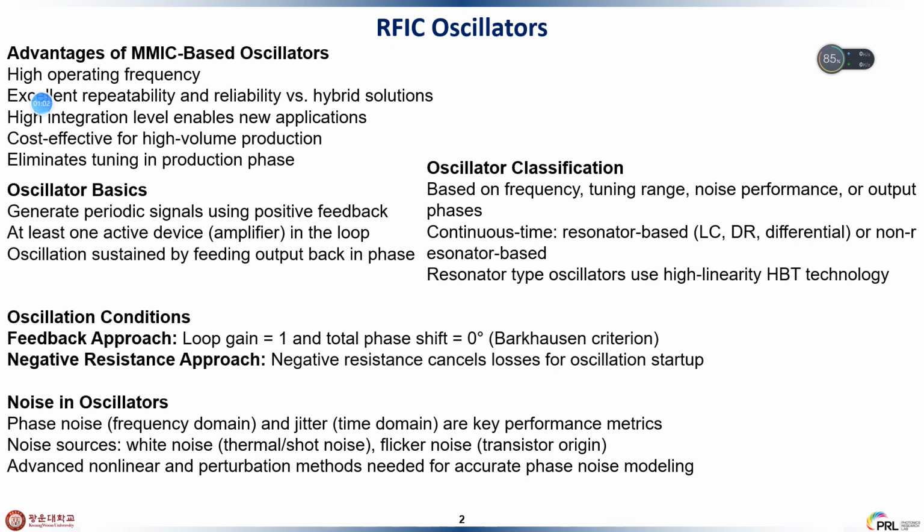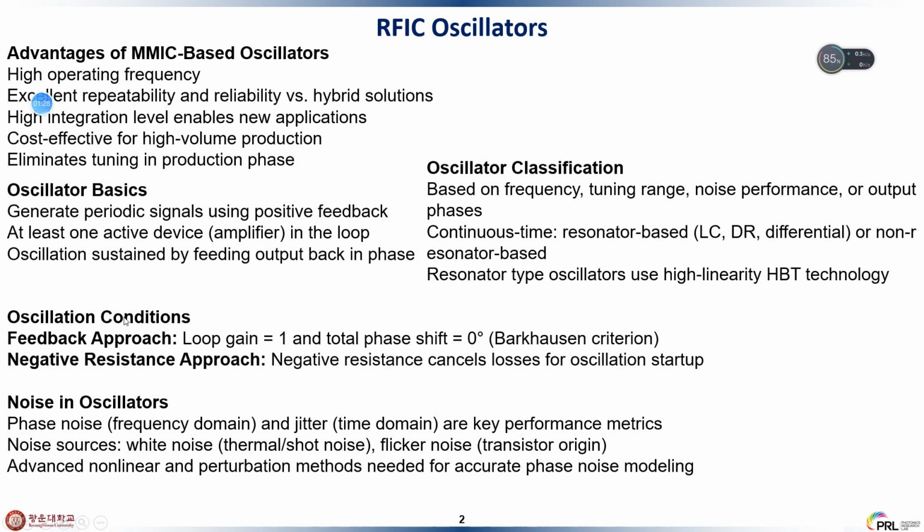And for the oscillator classification, it's based on the frequency, tuning range, noise performance, or output phases. The continuous time is resonance based, the LC and DR, and the differential or non-resonator based. The resonator type oscillators use the high linearity HBT technology.